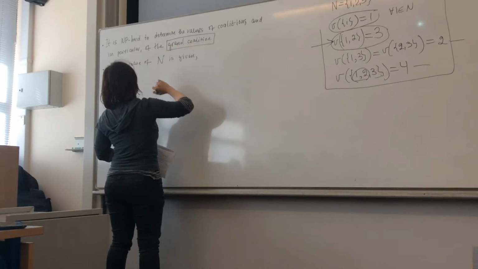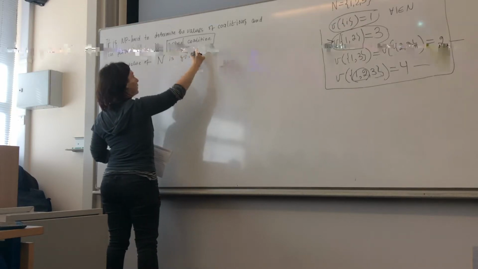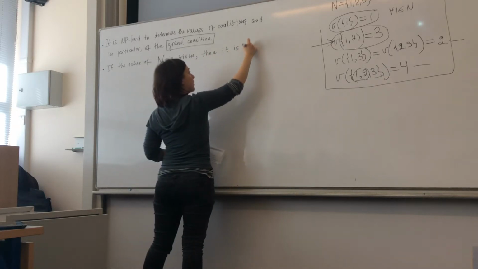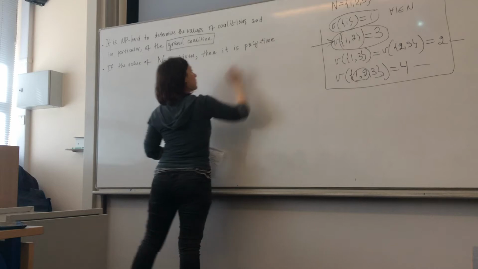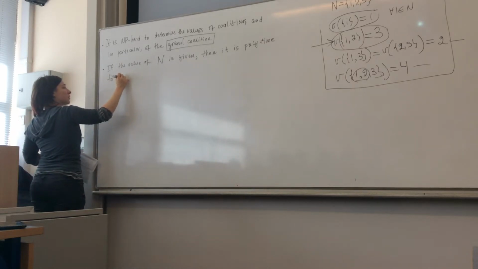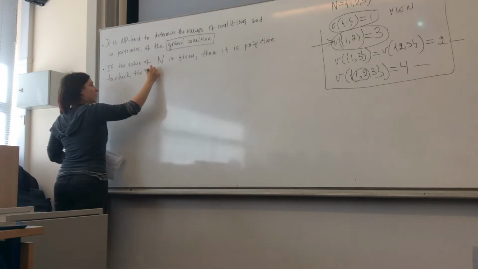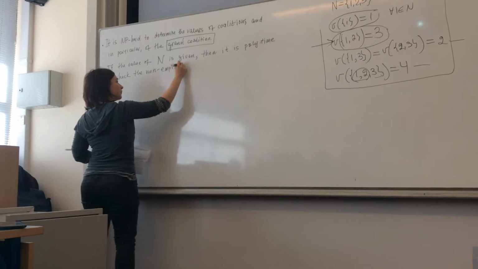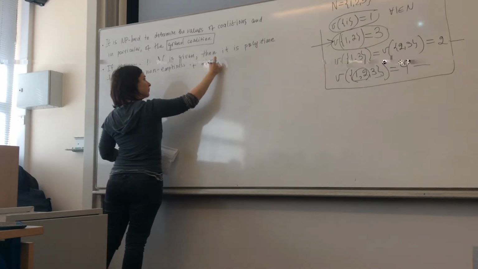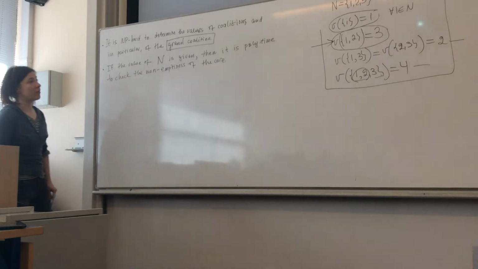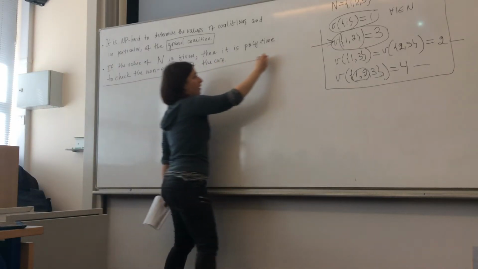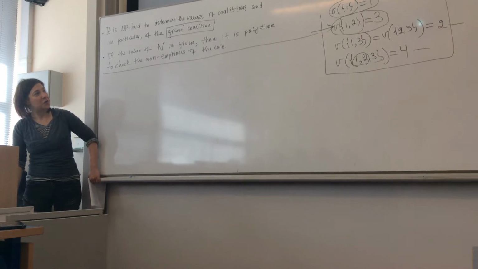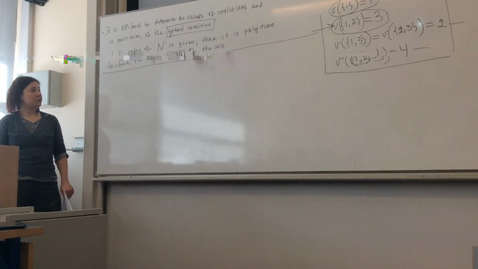So if we know the value of the grand coalition under this synergy representation, then it is poly time to check the non-emptiness of the core. So you know that sometimes there are positive implications of that.